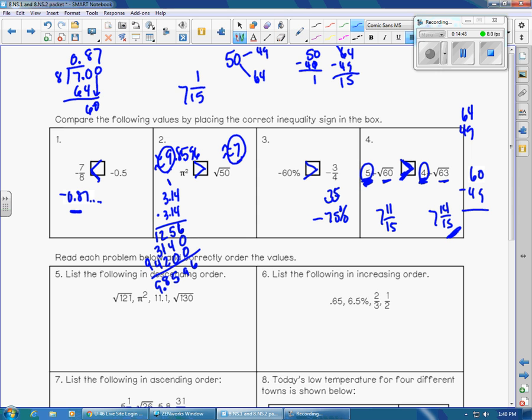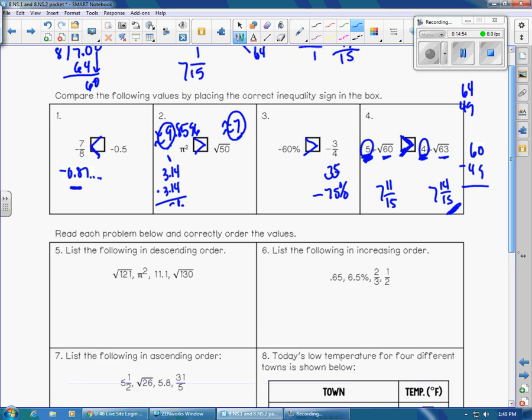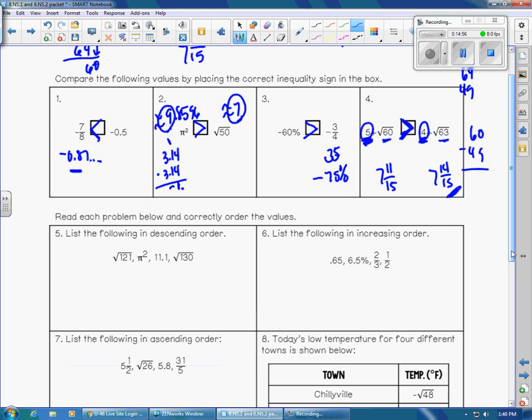I need to erase some so that you can see how to do this next part. List the following in descending order. So descending means it's going to start big and get small. Okay, so again, I need to get them in the same format.